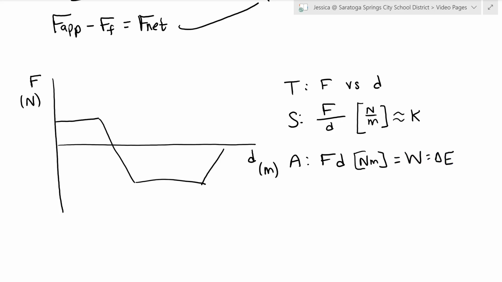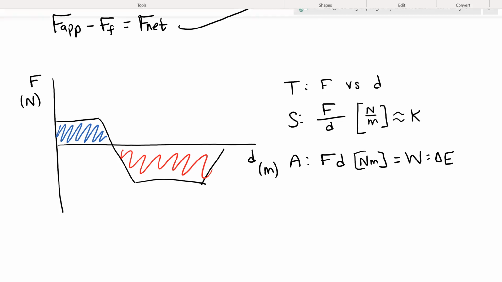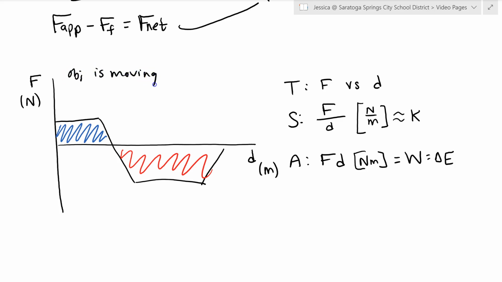So the area between the graph and the axis is going to tell me about the work done, or the change in energy. So there's really two sections of area for this graph. There's that blue section and then this larger red section. We're going to say that whenever the force is positive, we're going to assume that our object is moving in the positive direction.